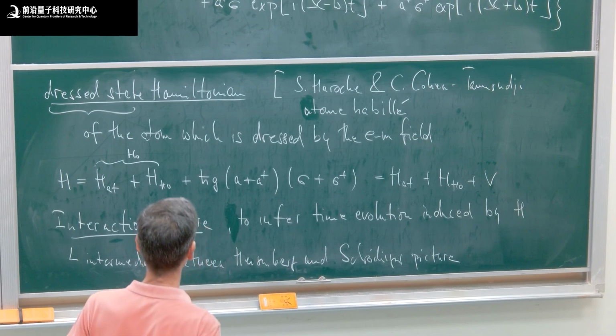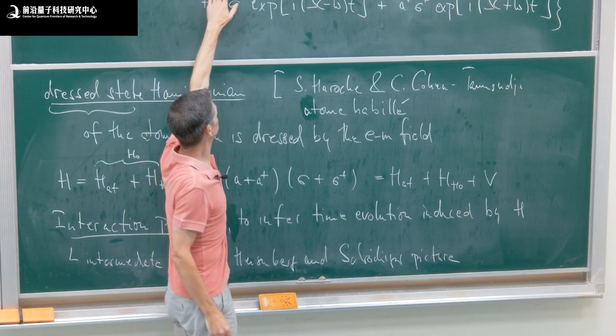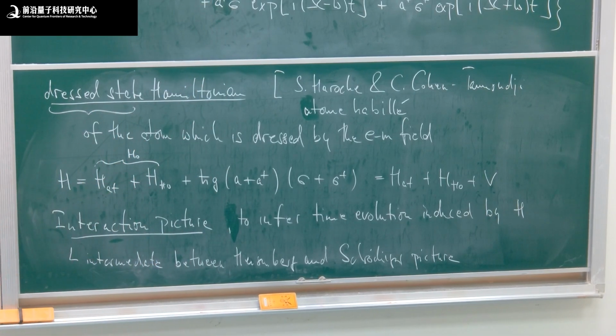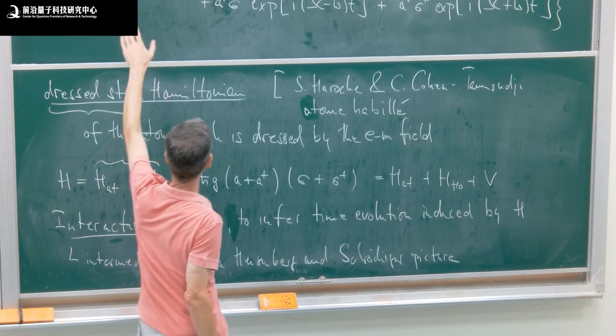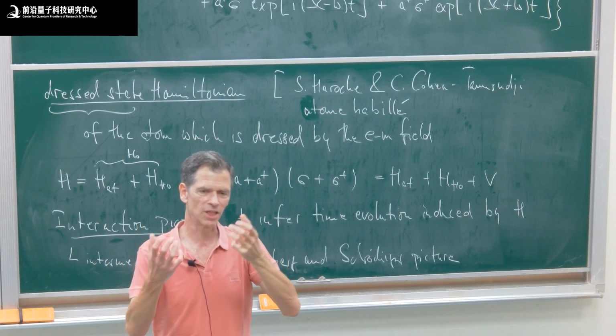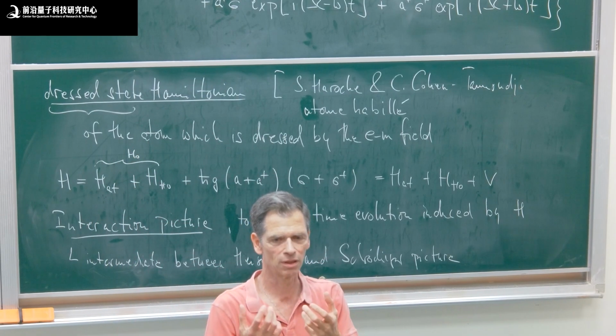So therefore, what does this term A sigma do with the total energy of the system? Now this is an operator. It will act upon states of the harmonic oscillator and of the atom.